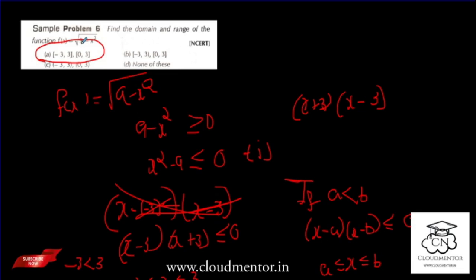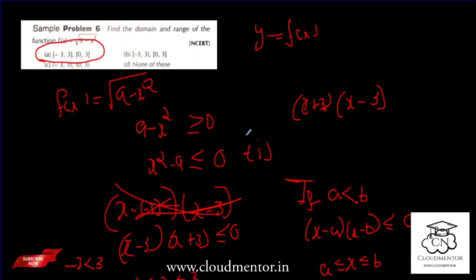By applying that we found the domain, and then to find the range we called y equal to f of x, found the value of x square from that equation, applied it in equation 1, and simplified to get the value of y.